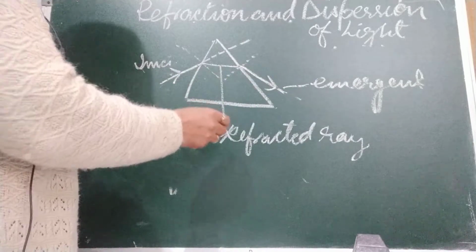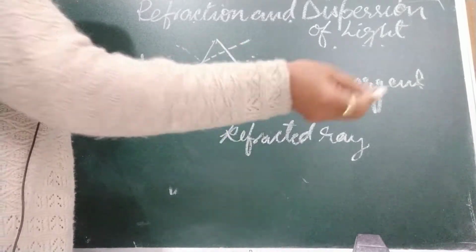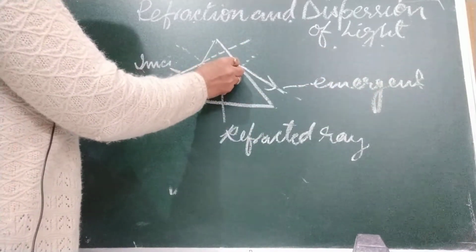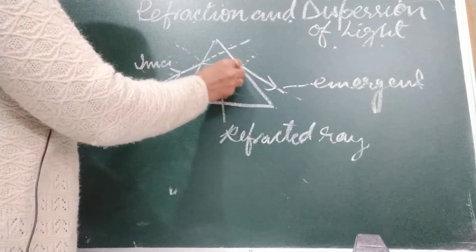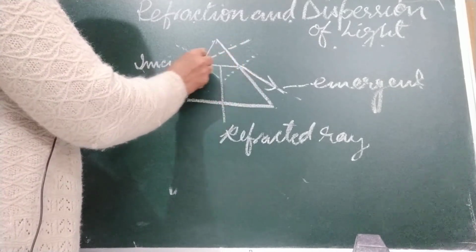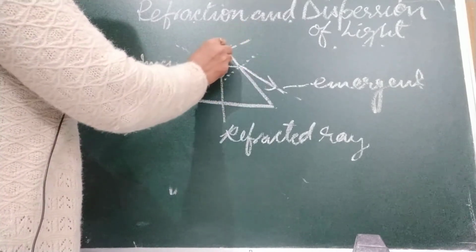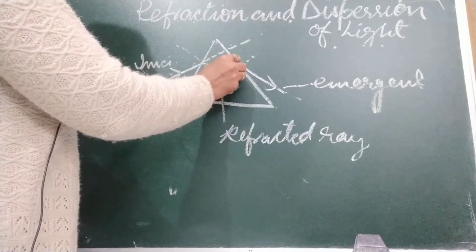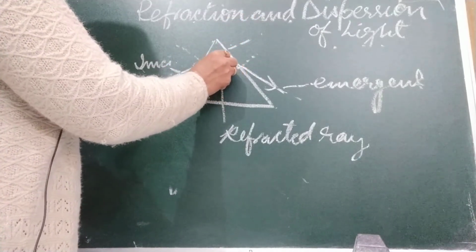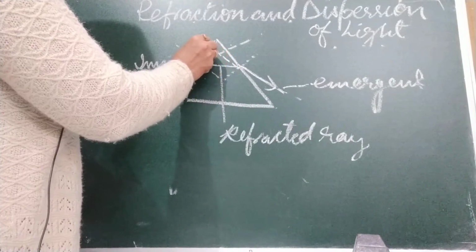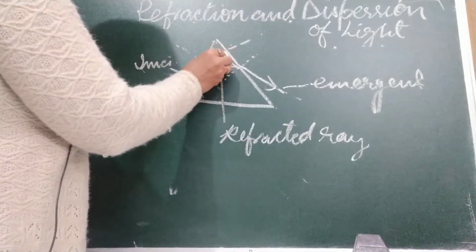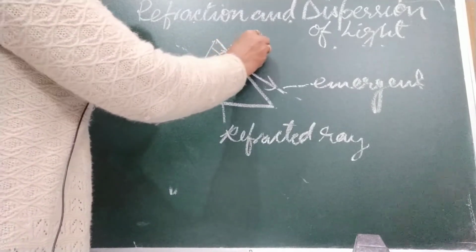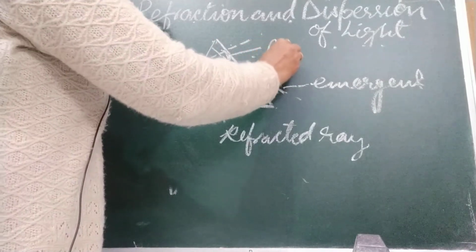They were parallel, but here we see it has changed the direction also. So if we trace this, how much does it deviate from its actual path? It has to be this, but it is deviated from its path. If we take this back, we see this much it is deviated, and this is called the angle of deviation.